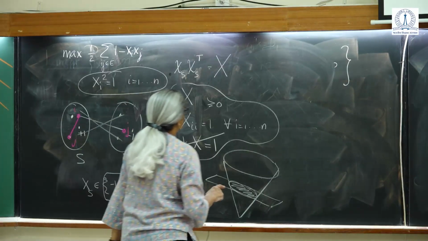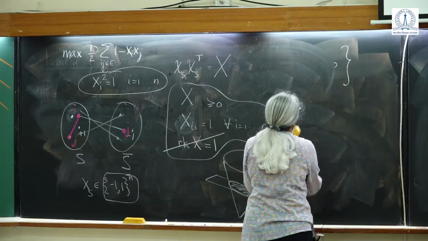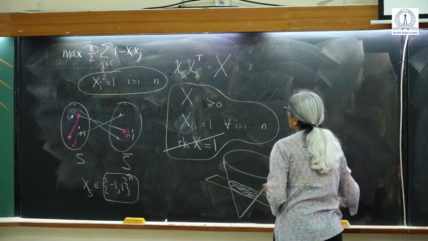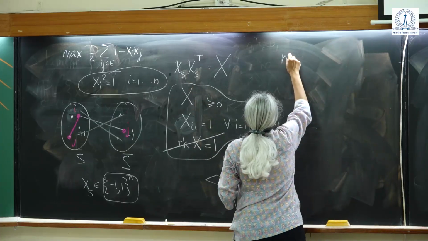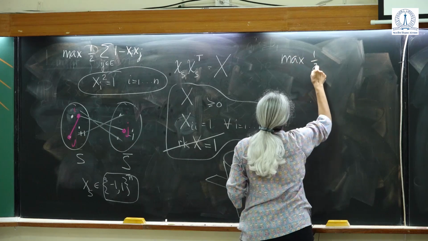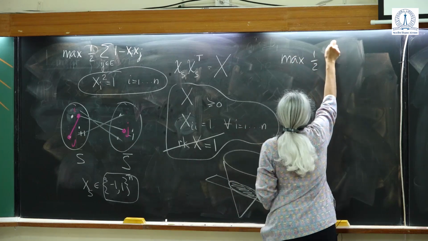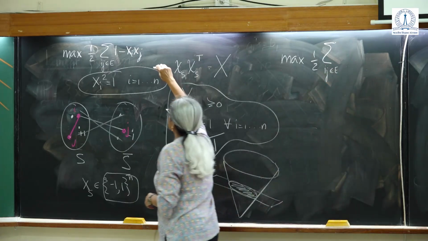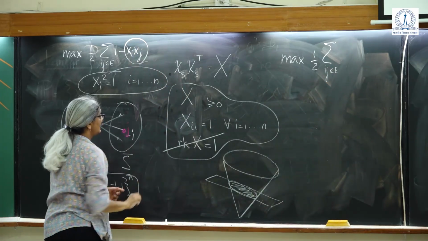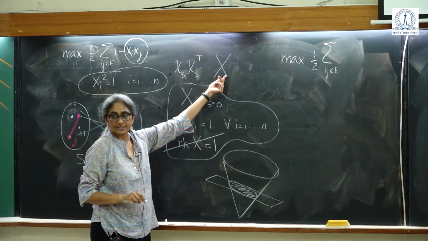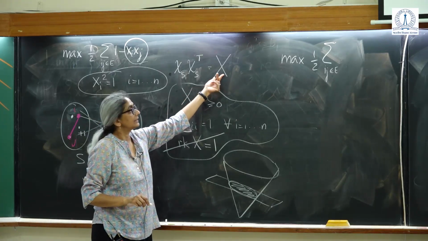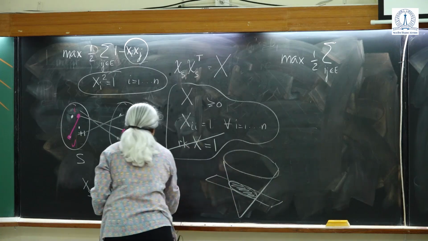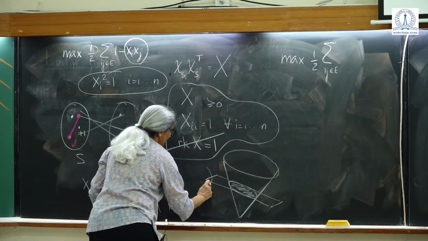But now let me write the objective, which is the part that was not clear before. That objective is the same thing as maximizing 1/2 sum ij in E, and then notice that this xi xj is exactly the ij entry of this matrix. So remember, if I have x, this is the outer product.